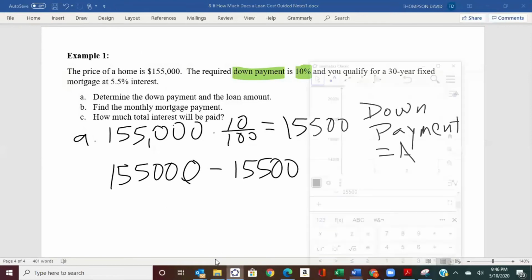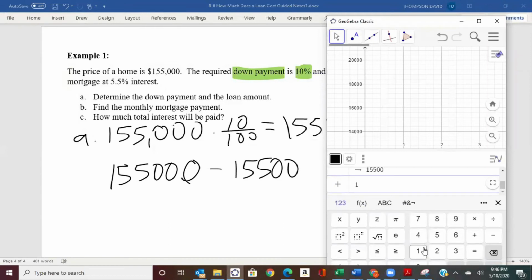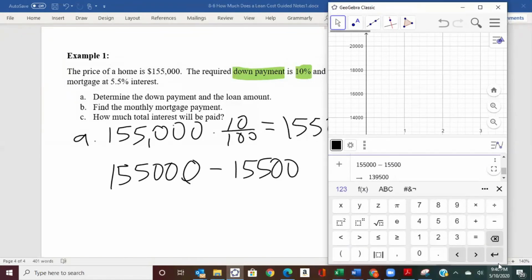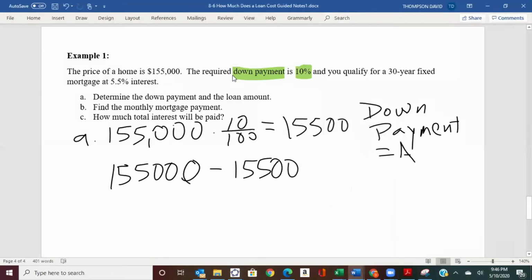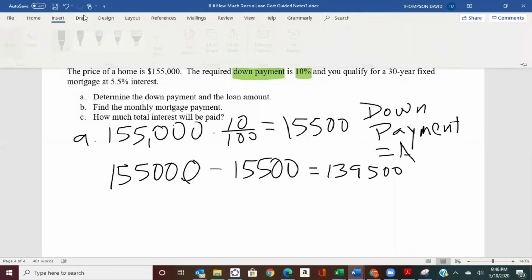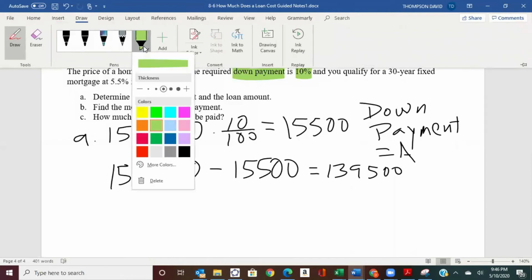I'll use the GeoGebra calculator. 155,000 minus 15,500. Hit enter, we get 139,500. So this is my value of A, the loan amount.